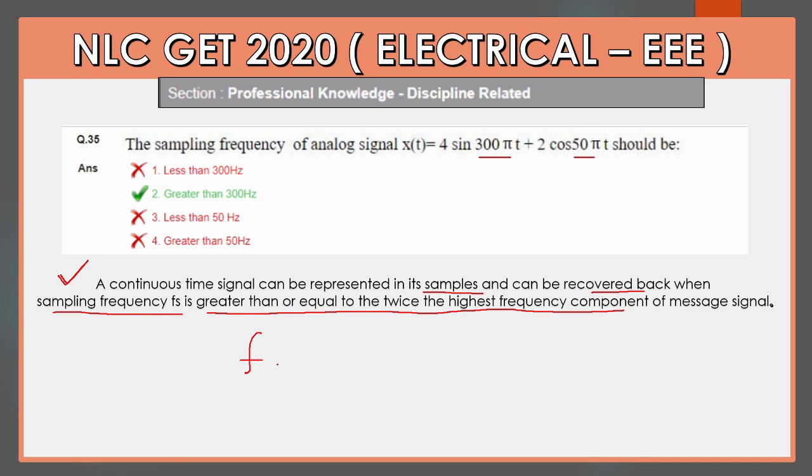So fs should be greater than or equal to 2 fm, the maximum frequency. So if you see here the maximum frequency, it is 300 pi, so obviously it should be greater than 300 hertz. So if you see the options, only option 2 is correct. The option 2 is correct.